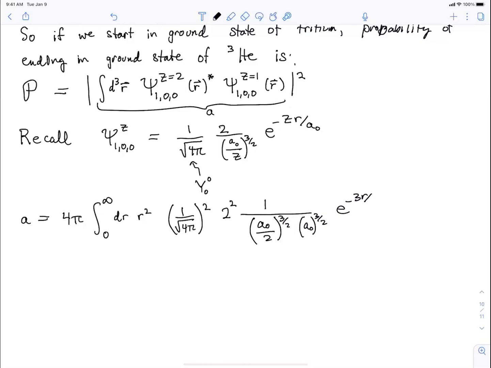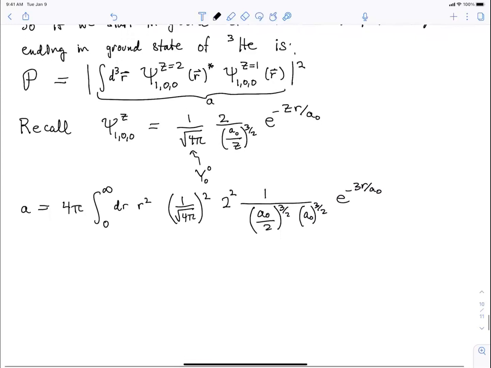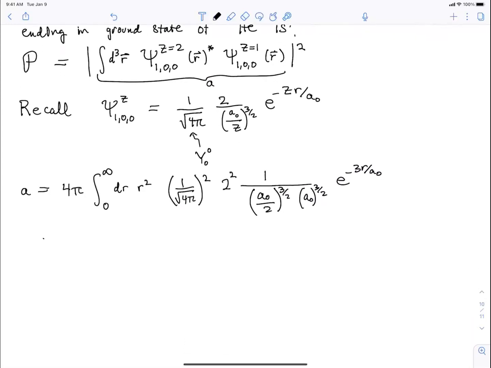So that factor, when I multiply them together, looks like that. Okay, and so if we combine all the constants, notice the 4 pi's go away. How many factors of 2 do I have? I have 7/2 of them.